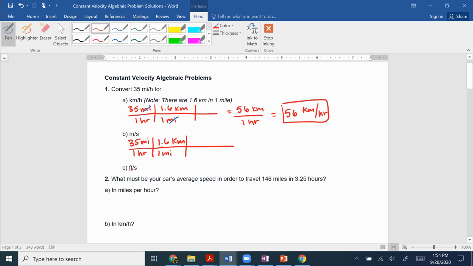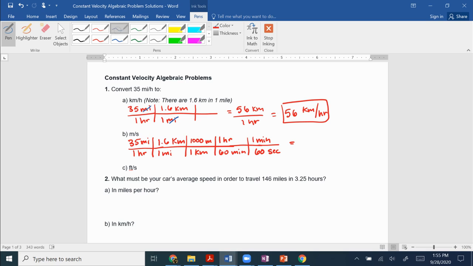Then I got to change my kilometers into meters. So 1 kilometer equals 1,000 meters. And I got to get my hours into seconds. So 1 hour equals 60 minutes. And 1 minute equals 60 seconds.